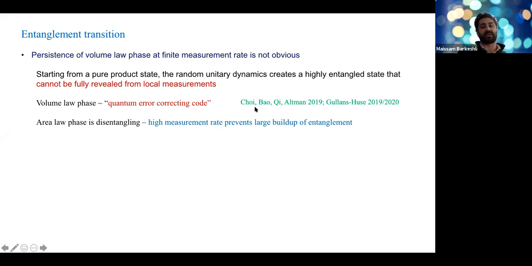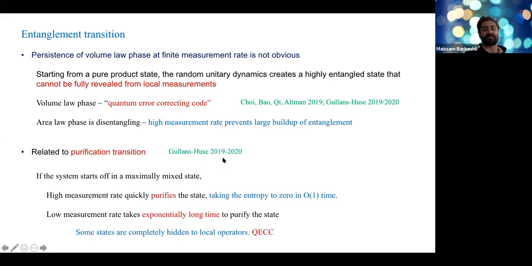And a couple of years ago, it was understood that you can think of this volume law phase as a kind of quantum error correcting code, where these local measurements just give you some local information about the system, but not enough information to completely destroy the entanglement. Now, an important conceptual insight came from Michael Gullans, who's here at NIST, and David Huse, where they recast this entanglement transition into what is called a purification transition.